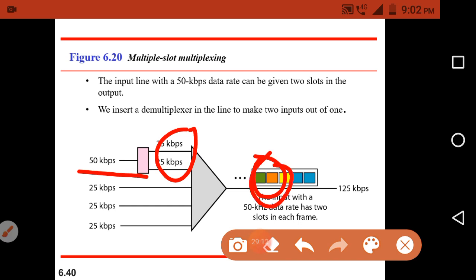Why do we have to use two slots? Because we have to demultiplex the 50 kbps into 25 kbps and 25 kbps, so we need to allocate two slots for the one input line.